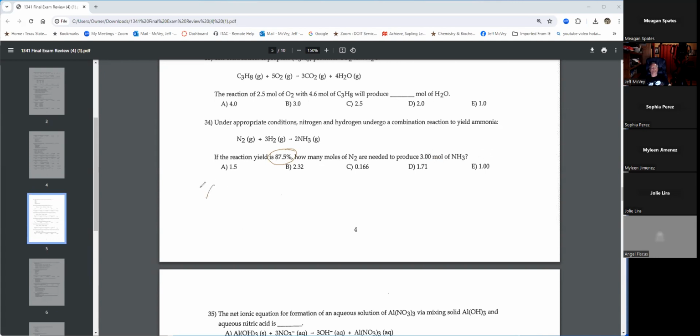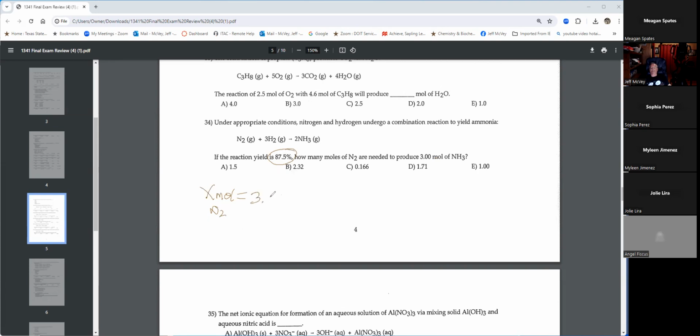So we're going to figure out how many moles of nitrogen are required to produce 3 moles of ammonia, keeping in mind this is 87.5% yield.